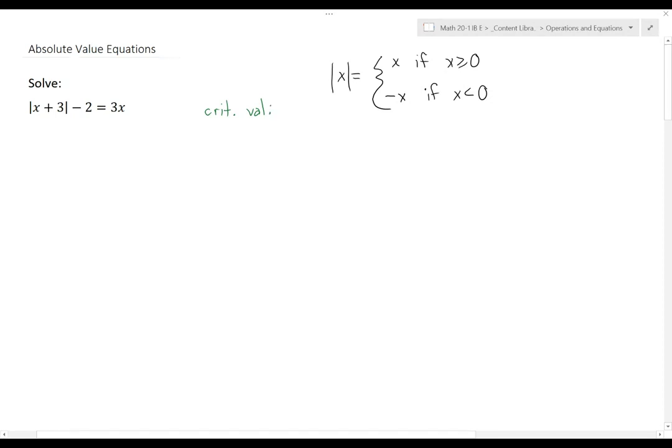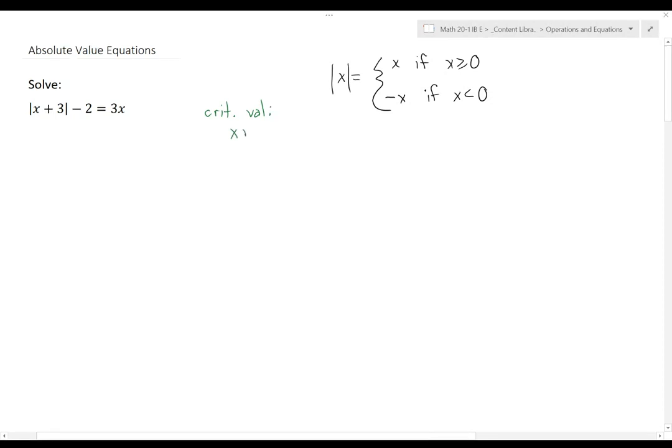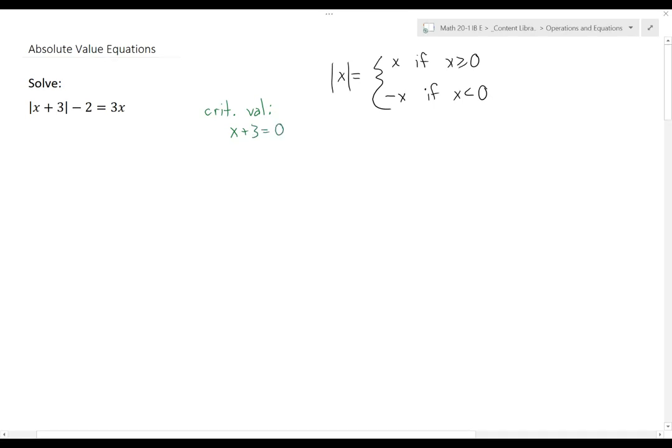So the critical value in this case, where we have the absolute value of x plus 3, happens where x plus 3 equals 0. The reason 0 is the critical value is because to one side of that it's negative, to the other side it's positive. So I need to figure out where it is 0, because that's where it crosses over between positive and negative. So the critical value here is when x equals negative 3.